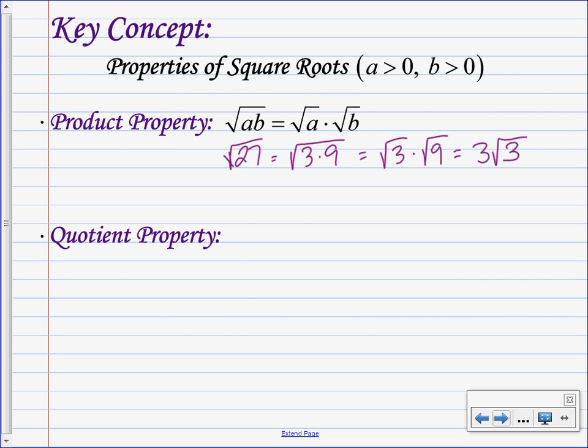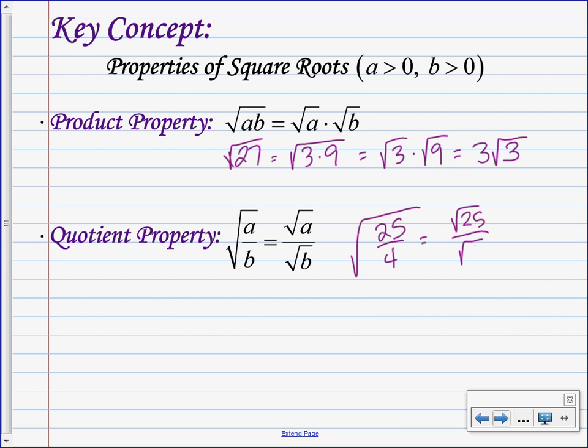Okay? And then we have the quotient property. And that says the square root of A over B equals the square root of A over the square root of B. So if I have the square root of 25 over 4, that's the same as the square root of 25 over the square root of 4, which equals 5 halves.